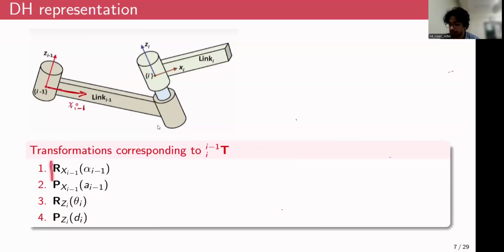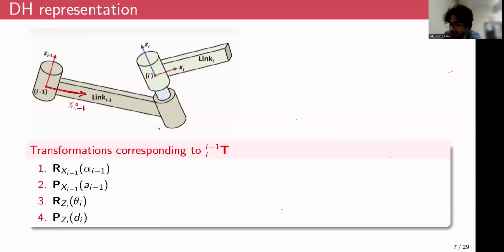Right. So these are sequential. You cannot mix and match the order. It has to follow these orders so that we can accommodate the relative position and orientation between these two frames.